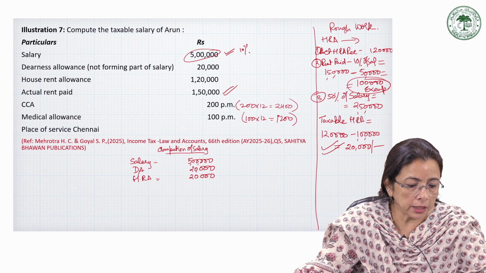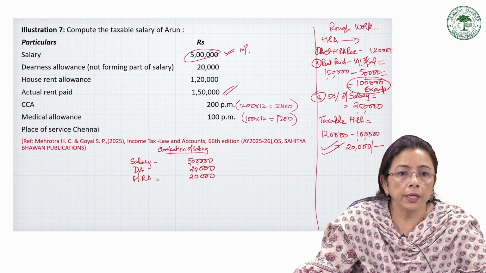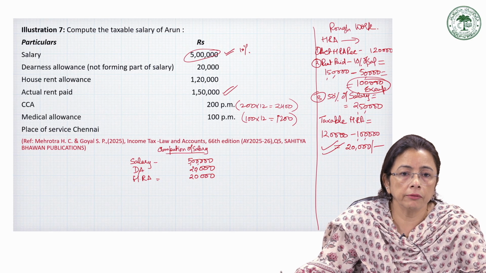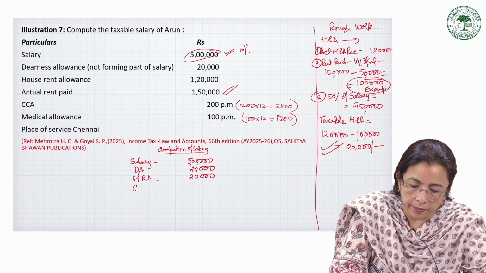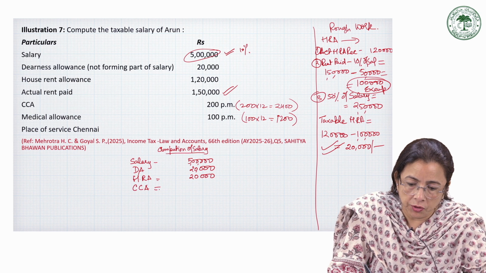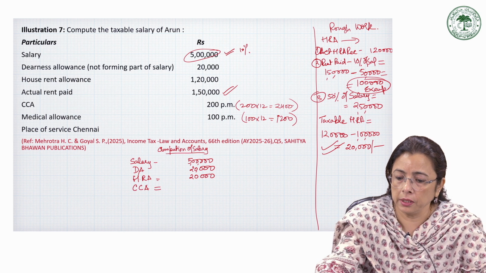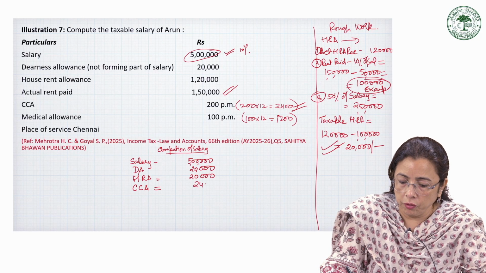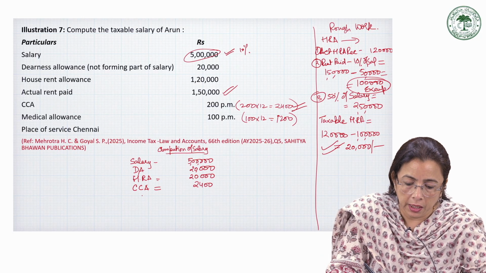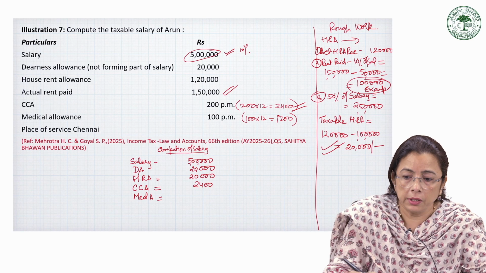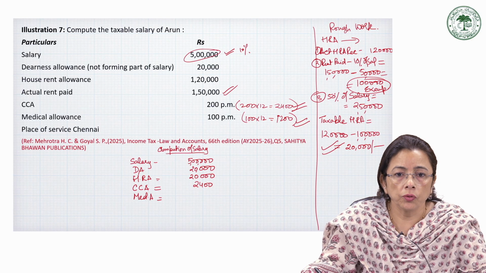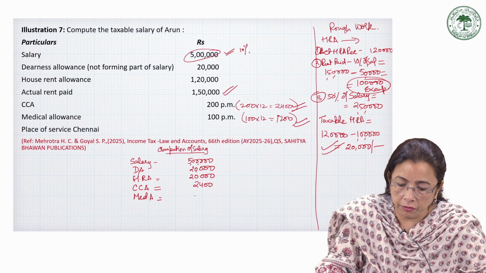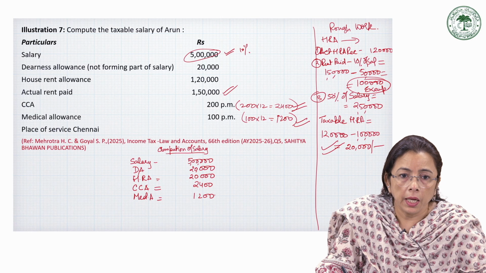Now coming to the next component, we have salary, DA, house rent allowance done, actual rent paid adjusted there, then CCA, city compensatory allowance, which we calculated here as 2,400. And the last is medical allowance, which we have calculated as 1,200. That will also be taken up because it is a fully taxable allowance.